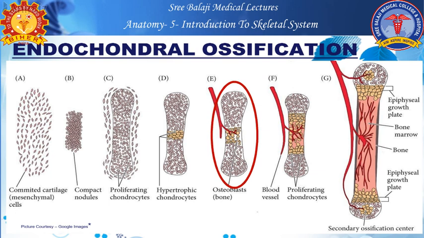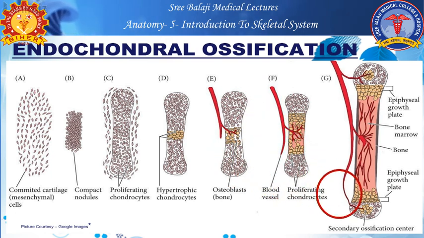At birth, there will be an epiphyseal growth plate which is cartilaginous and it is constantly getting converted into bone. And this bone keeps increasing in length till the ultimate height is reached. So this type of ossification, where mesenchymal cells deposit cartilage and this gets converted to bone, is called endochondral ossification.